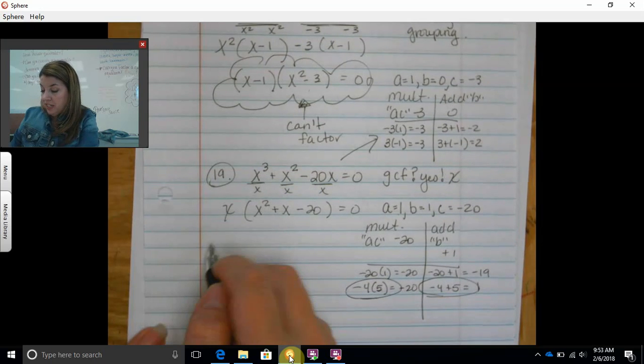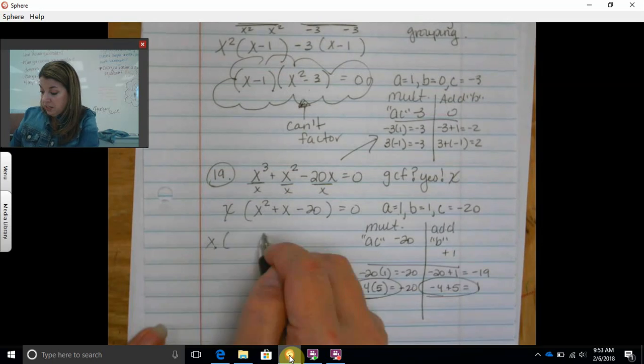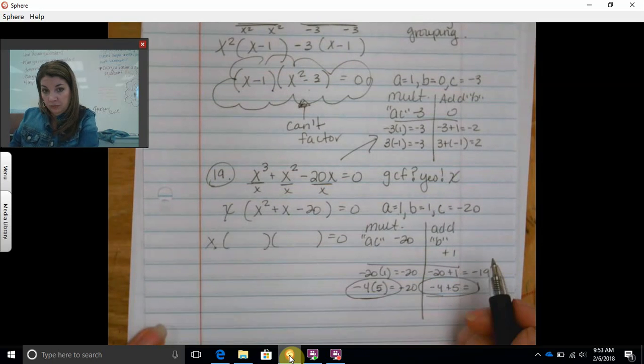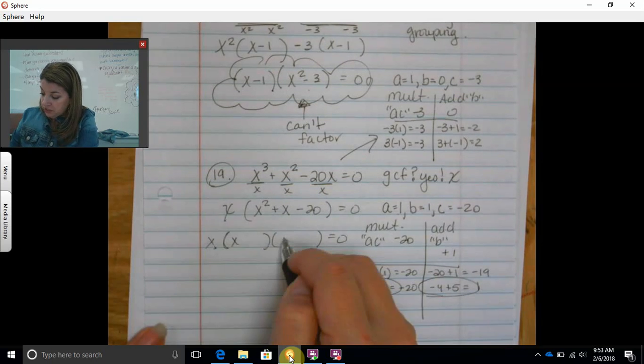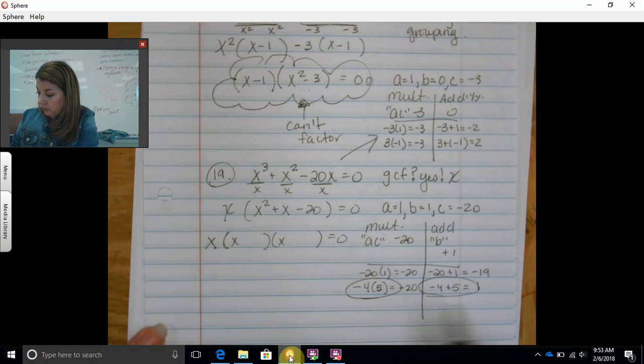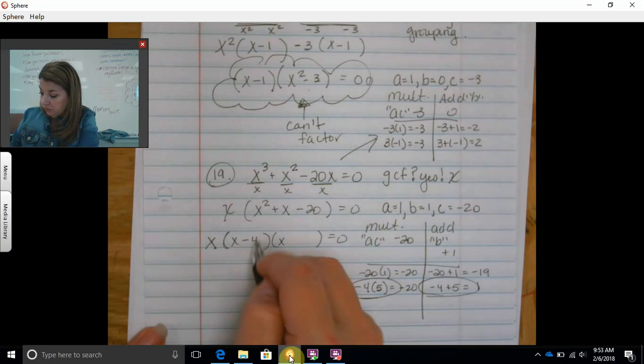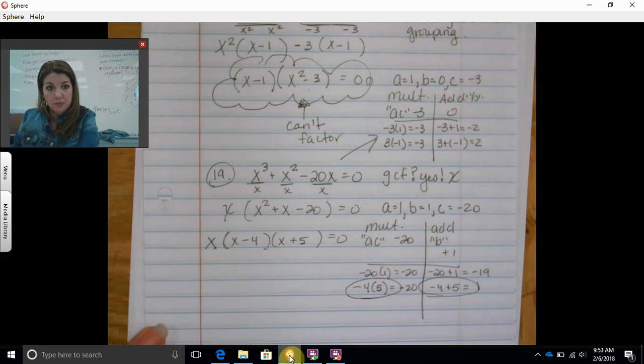Don't forget your GCF. Bring it down. Make two sets of parentheses. The variable they used was x, so that's going to be my first term in each set. And I've got a minus 4 and a positive 5. What would I be dividing and sliding by? 1.